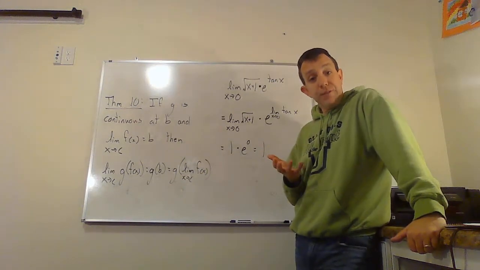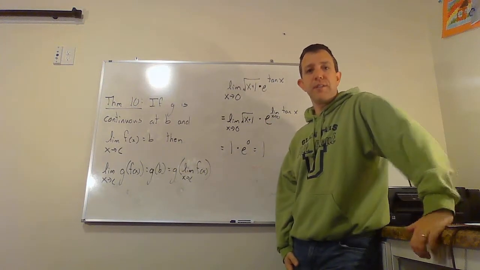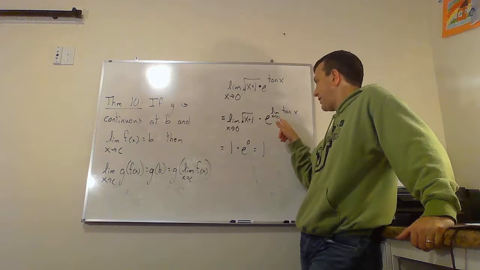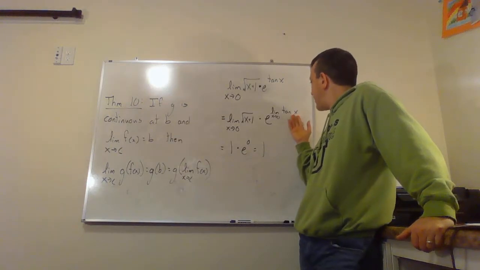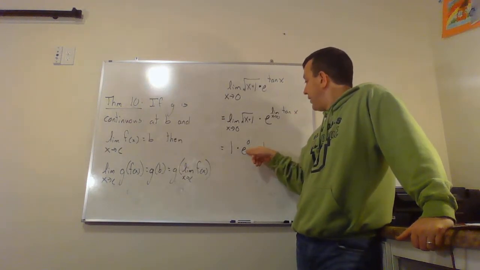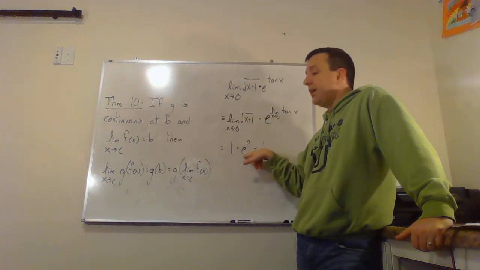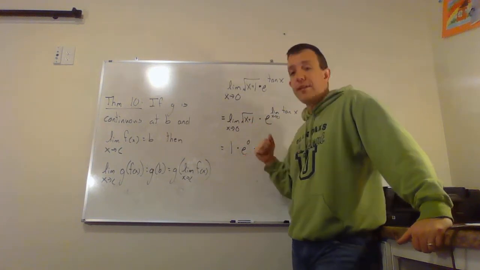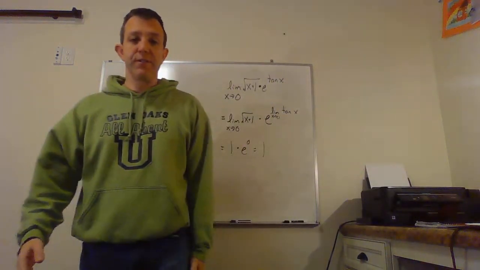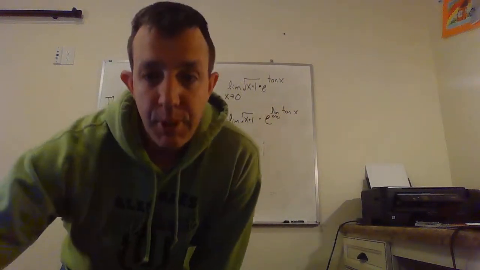We love continuous functions because we can just plug in the 0. Well, tangent of 0 is 0, so we end up with 1 from the first part of the limit times e to the 0, and anything to the 0 is 1, so 1 times 1 just gives us 1. All right, let's keep going.